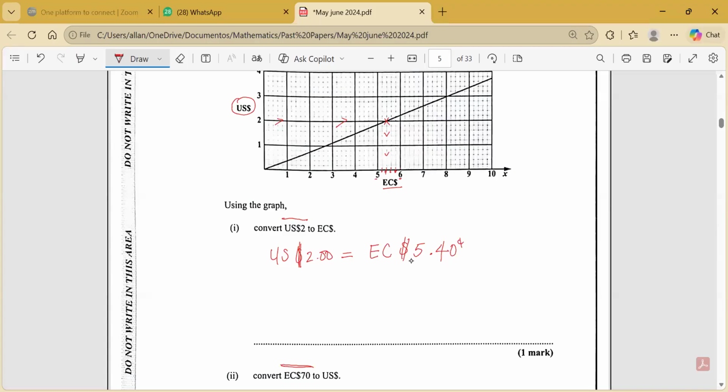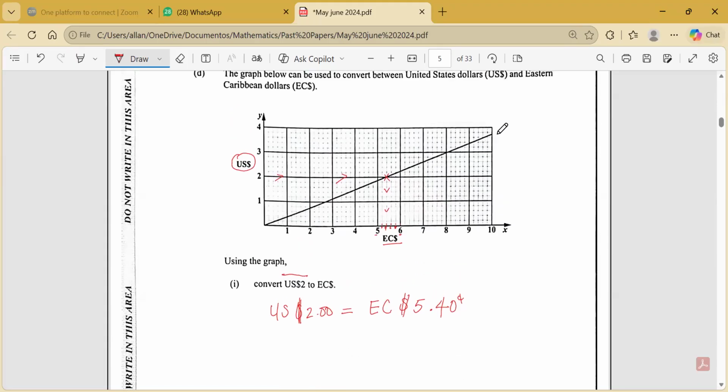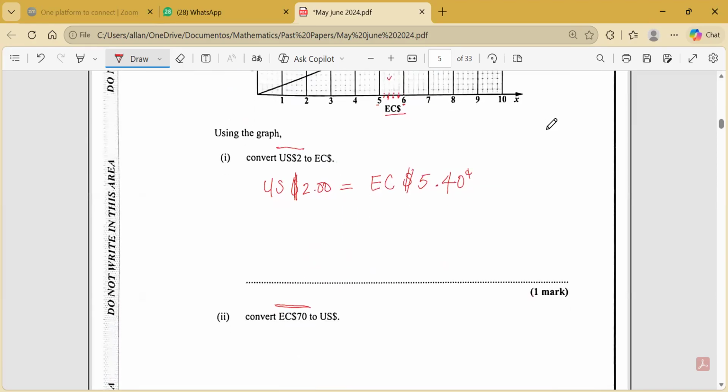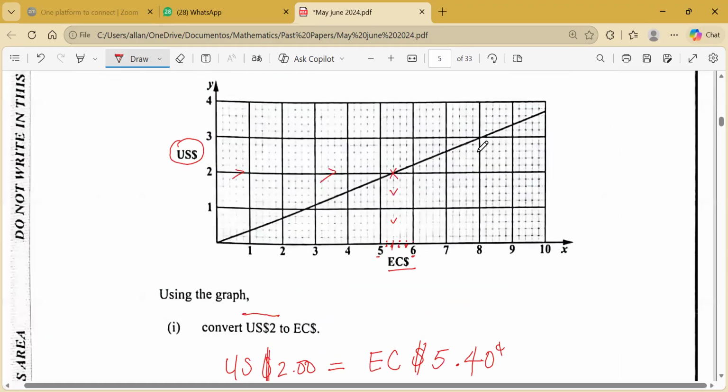What he did is you have to look at the 10, the highest, and we're just going to multiply our value by 7. They said convert EC $70, so I'm going up to the 10. Let's go to the graph.